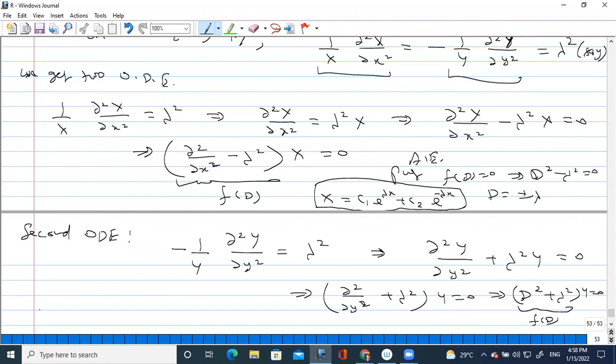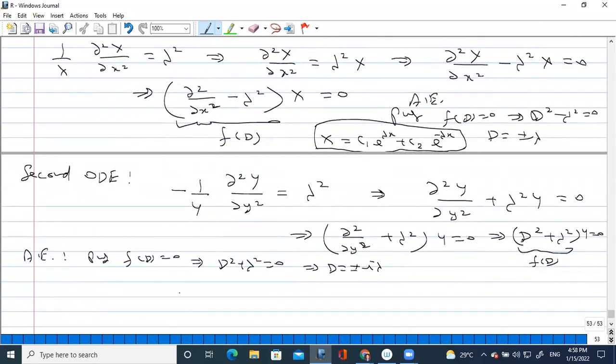So again the auxiliary equation, put F(D) equal to 0. So D square plus lambda square equal to 0. So D equals plus minus i lambda. So once a complex number is there, your Y will be A cos lambda y plus B sin lambda y.